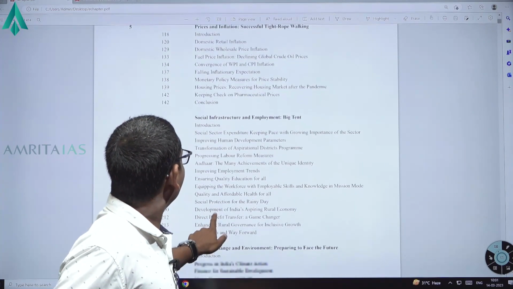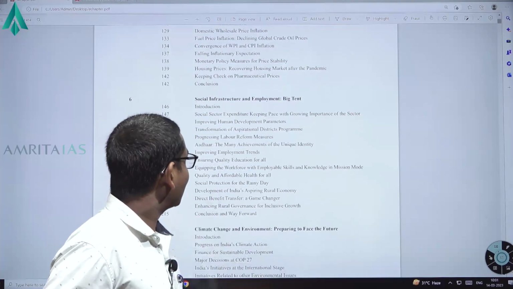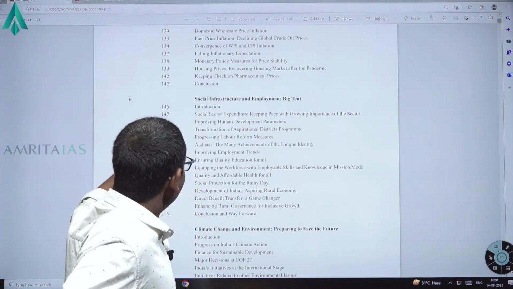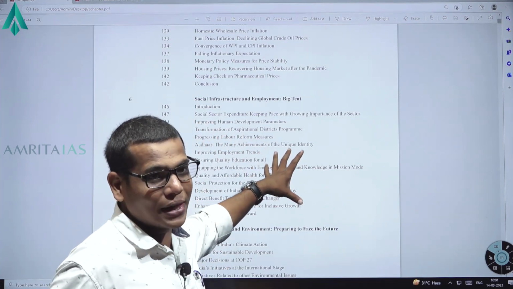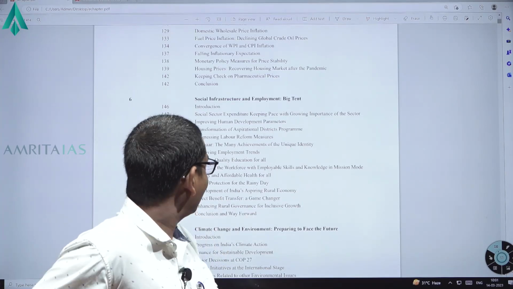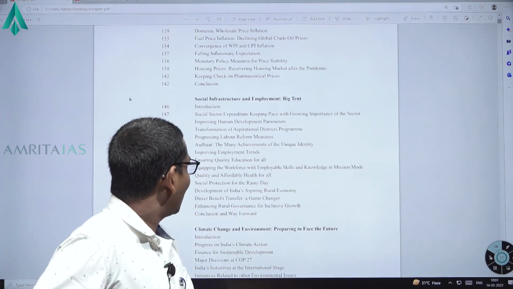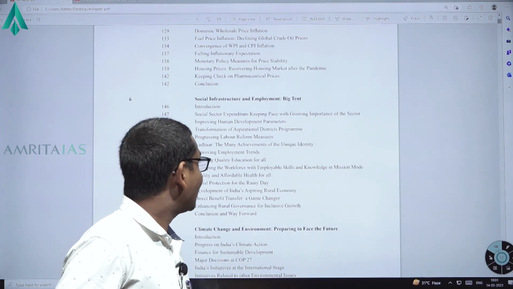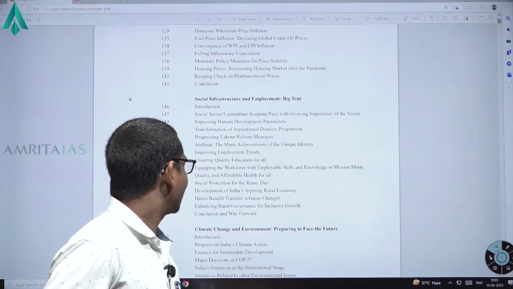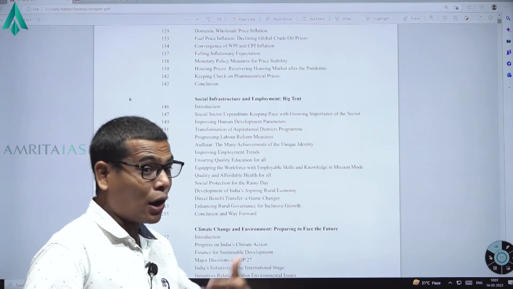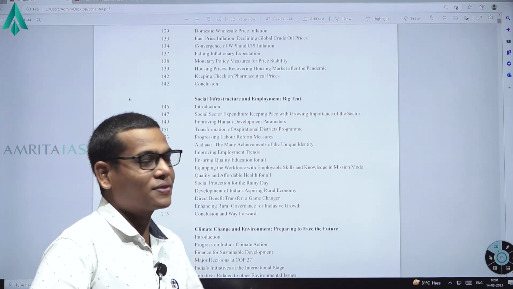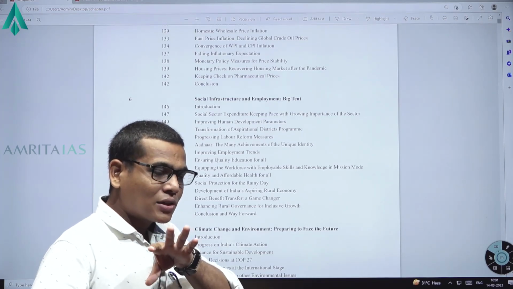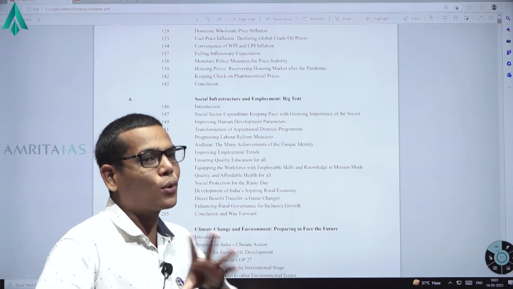The 6th one, social infrastructure and employment, big tent. The 6th chapter was the biggest chapter in the whole Economic Survey. In this chapter they have mentioned various social sectors like education, health, and digital infrastructure, and how they have improved the lives of the people, and also the various social sector development programs.